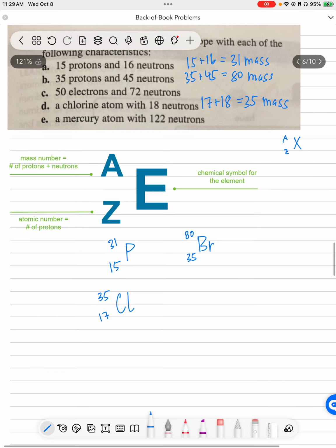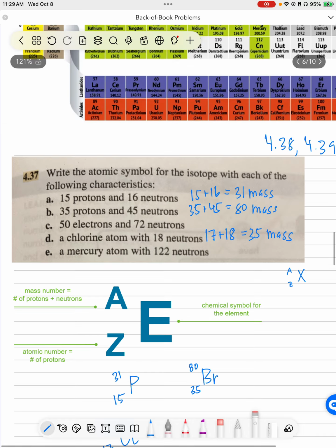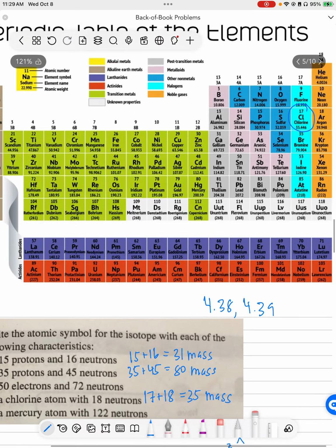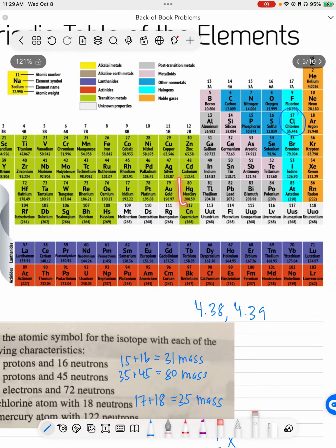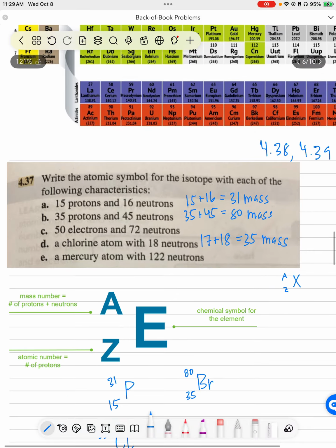And then let's do the last one, which is mercury. So again, do we know how many protons mercury has from this question? We don't. So we can't find its mass yet. We have its neutrons, but we need its protons. We're going to go up here and we're going to find mercury, which is Hg. And it has 80, it's a lot, 80 protons.